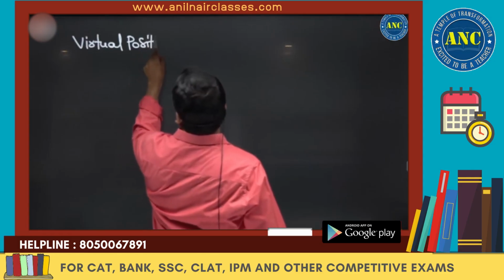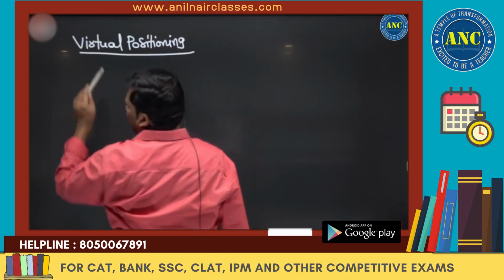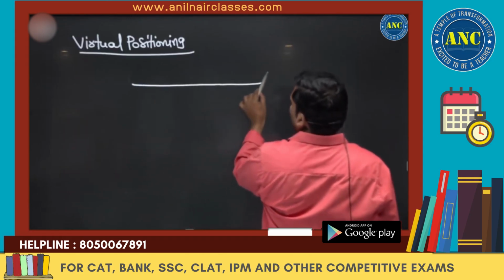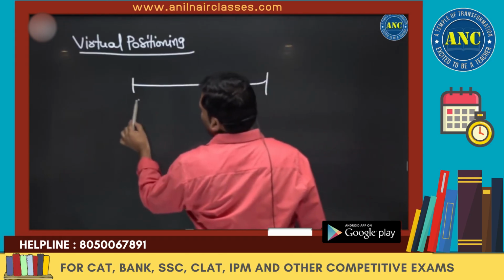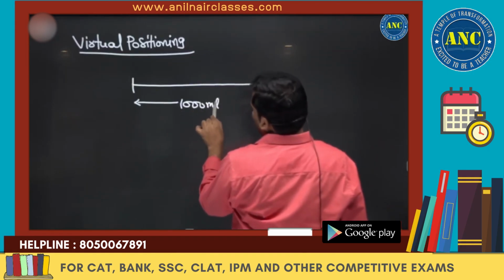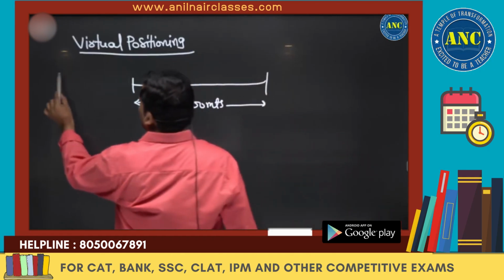Virtual positioning. Let us see what this virtual positioning concept is. Suppose this is the bridge. The length of the bridge is given as 1000 meters. The police are here.